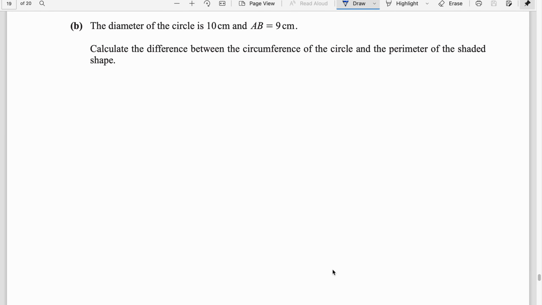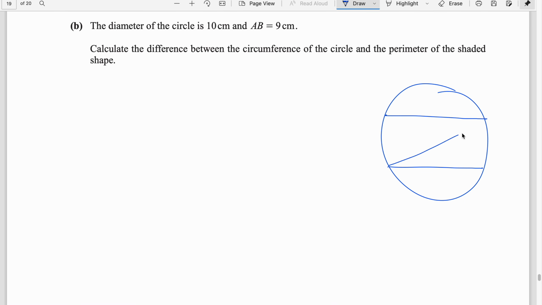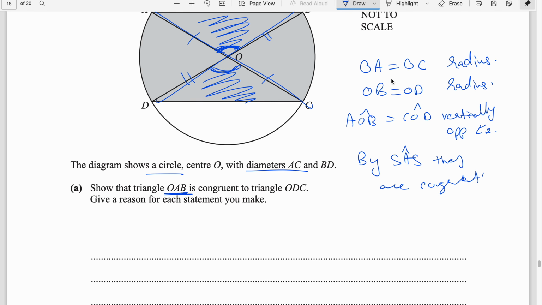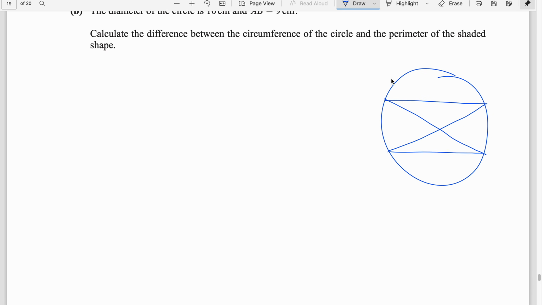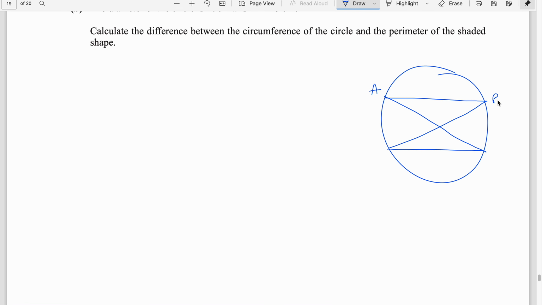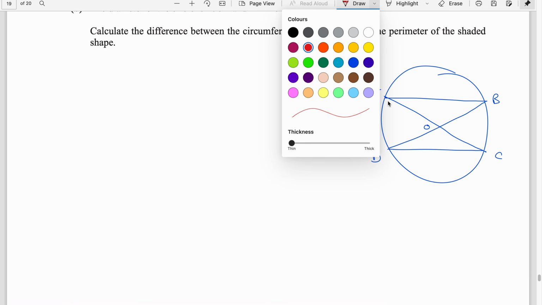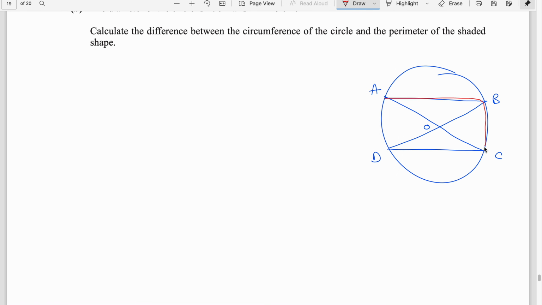B part for the same question says the diameter of the circle is 10. Please allow me to draw it here so I don't have to go back up again and again. This is A, B, C, D and O, and all this section is shaded.